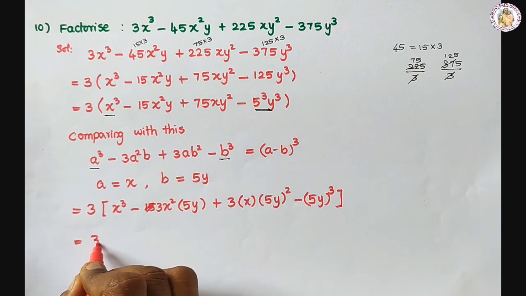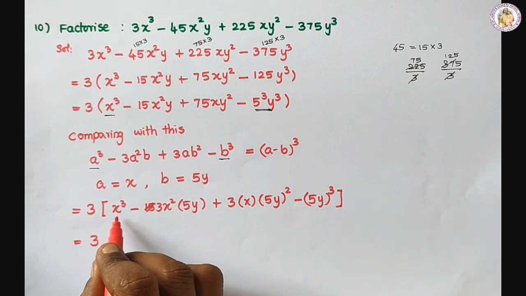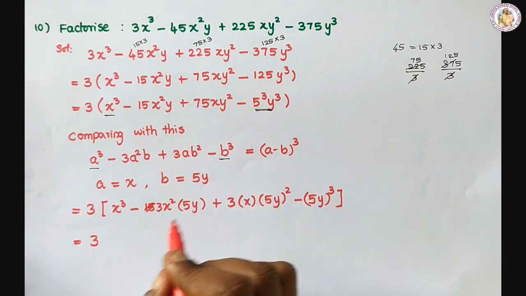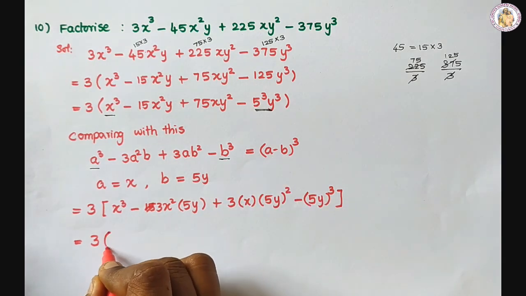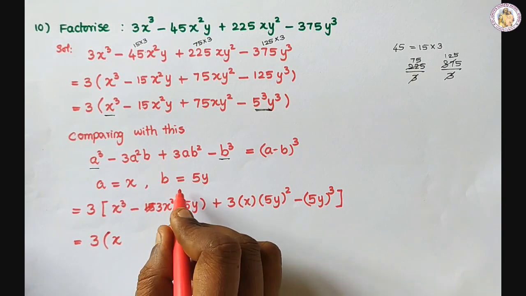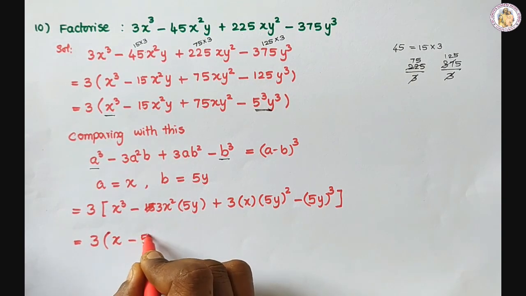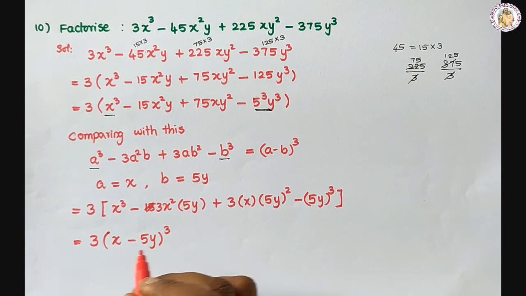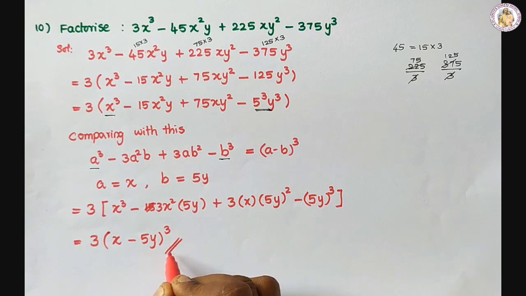That is what? 3 into a minus b whole cube. Here a is x, minus b, 5y whole cube. So 3 into x minus 5y whole cube. That is the answer.